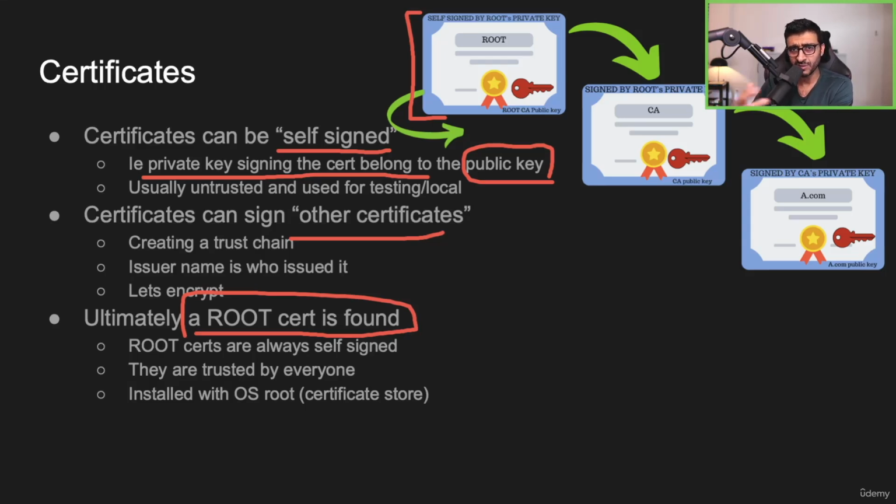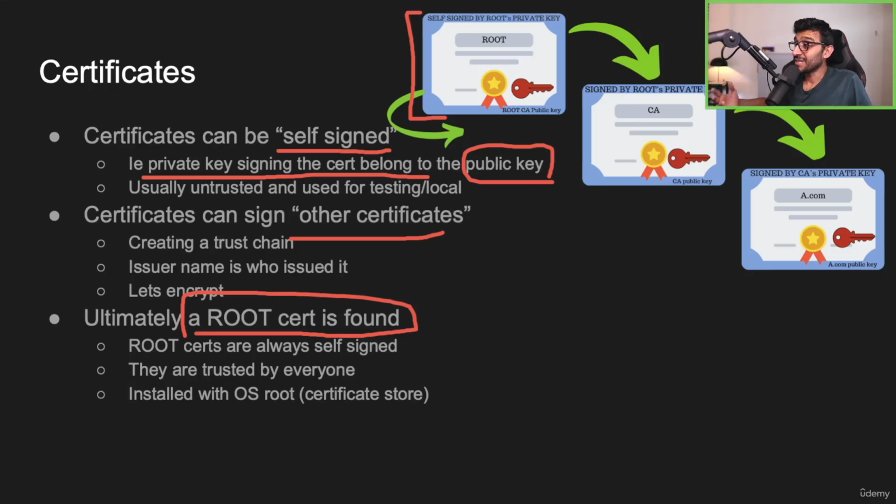Hussein, you just said self-signed certificates are not trusted. Doesn't that mean every single root certificate is not trusted? Well, here's the exception we're making. The certificates that are self-signed and are root are essentially trusted by everybody on the internet. There are maybe 13 of them or so.